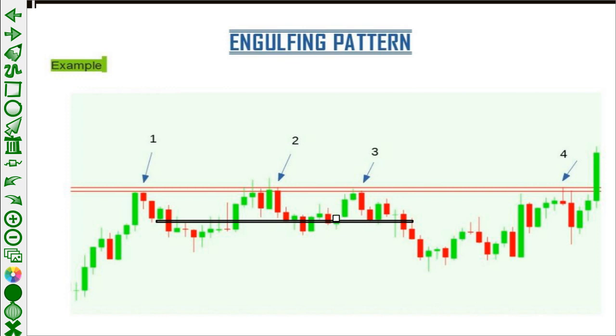So considering that, we need to draw the buyers area. One thing we need to consider while considering the wicks is that upper wicks are sellers and lower wicks are buyers.